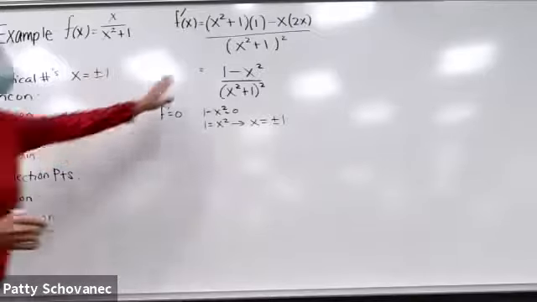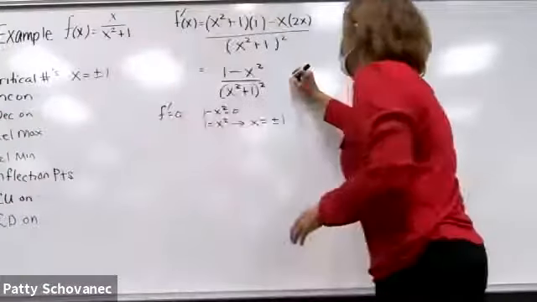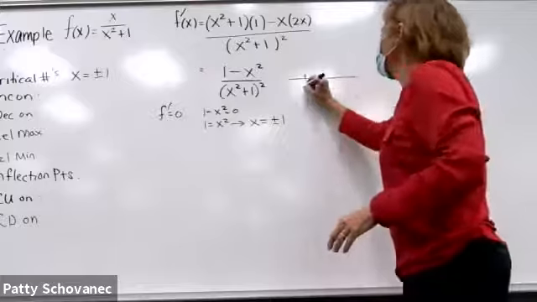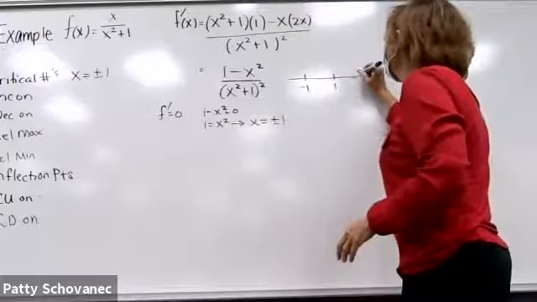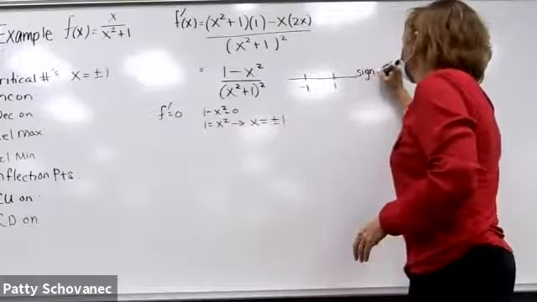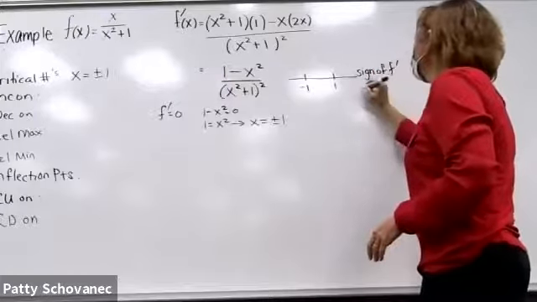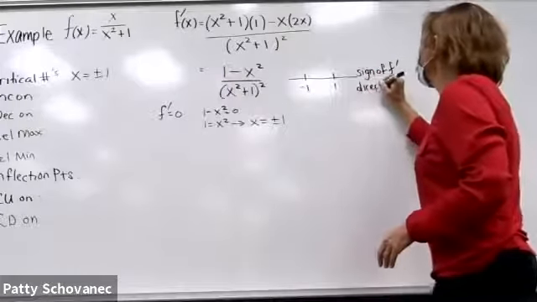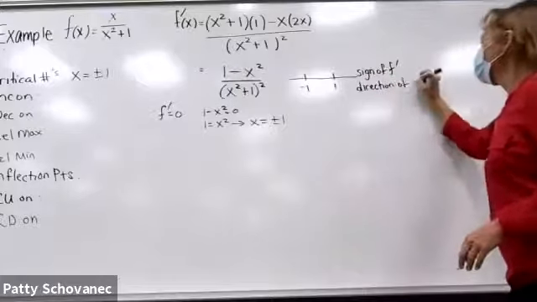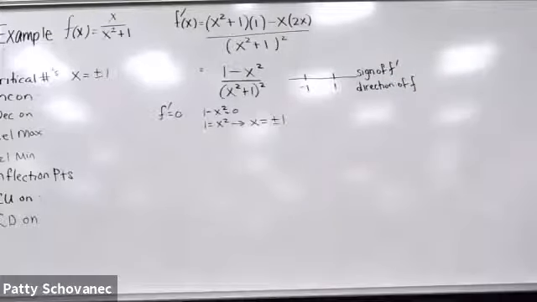Now let's check the sign of this thing. Let's put our number line right here with negative 1 and 1 there. And we're looking for the sign of f prime. Tell me about the direction of f. And I don't have to test anything in the bottom because the bottom is all that stuff squared, so that's positive.